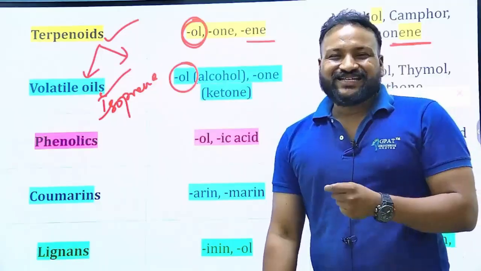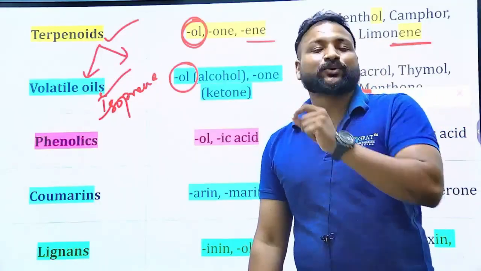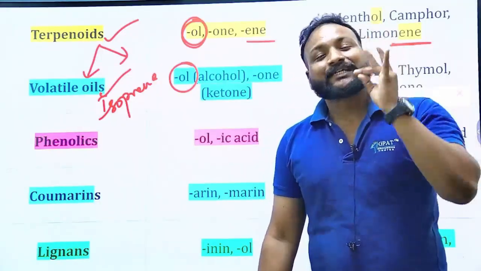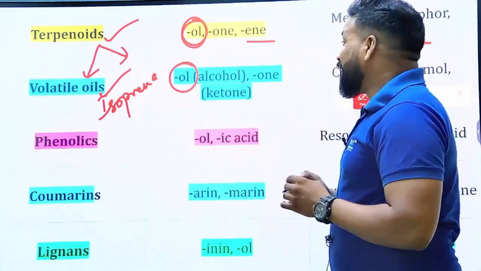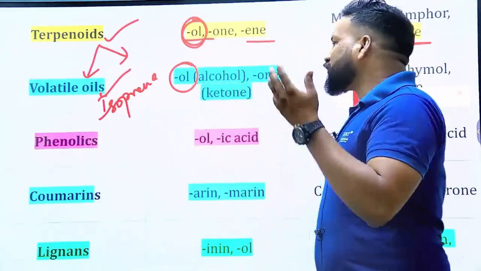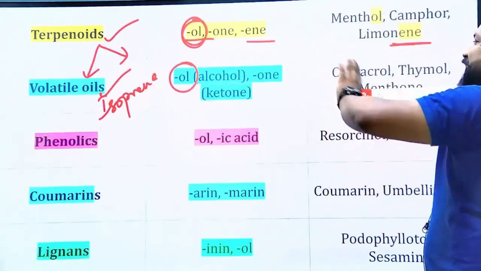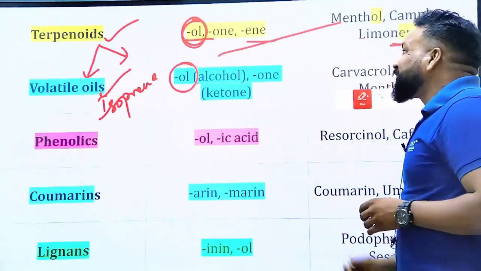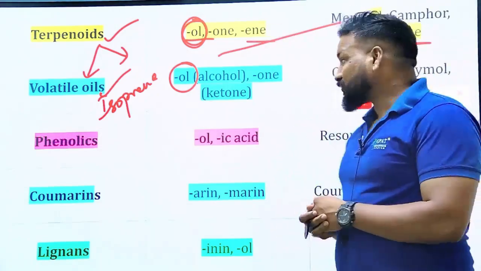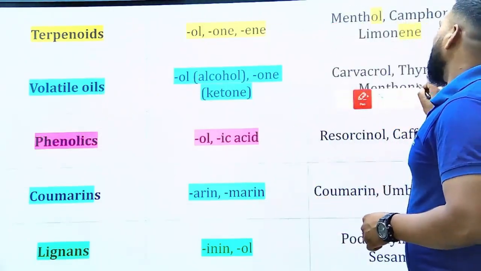Ol means it is obtained from isoprene units. Phenylpropanoids, terpenoids, terpenes and volatiles have the same suffix, ol. Most of the time, if it has ol itself, it is a volatile. Obviously menthol belongs to volatile examples, whereas it also belongs to terpenoids. Clear? Yes.